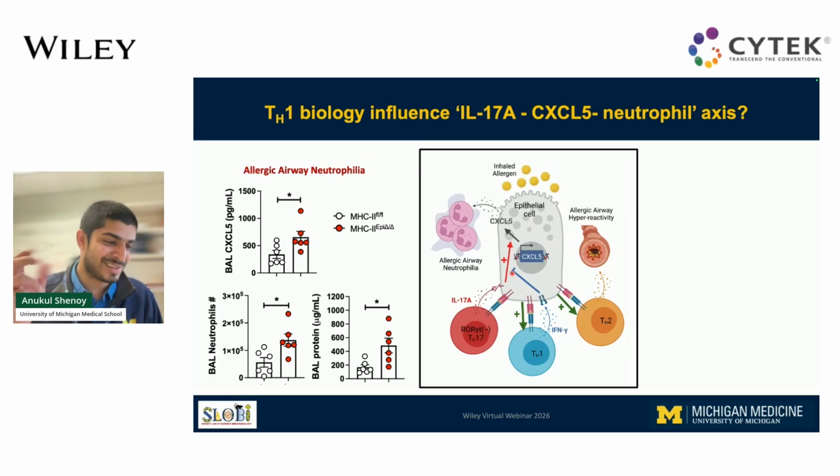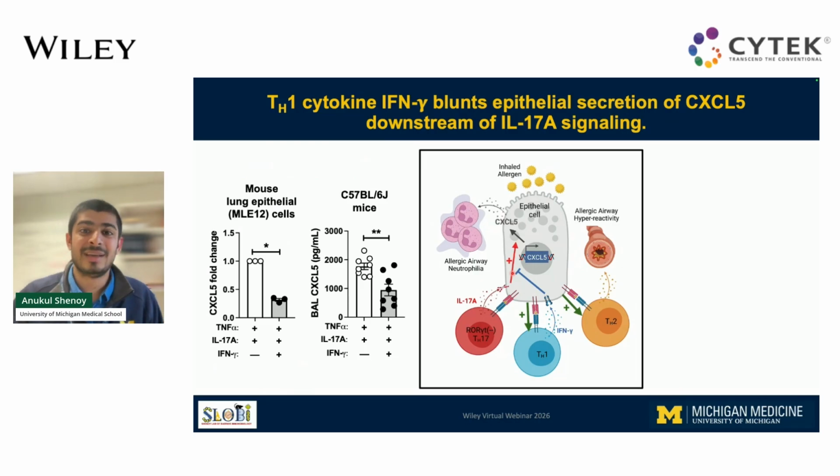In other words, could a classical pro-inflammatory cytokine like interferon gamma actually be inhibiting neutrophilic influx in context of an IL-17 inflammation? In vitro and in a simplistic model, that seems to be the case, where if we add interferon gamma, the amount of CXCL5 coming from the epithelial cell is reduced. In a mouse, the CXCL5 response is reduced.